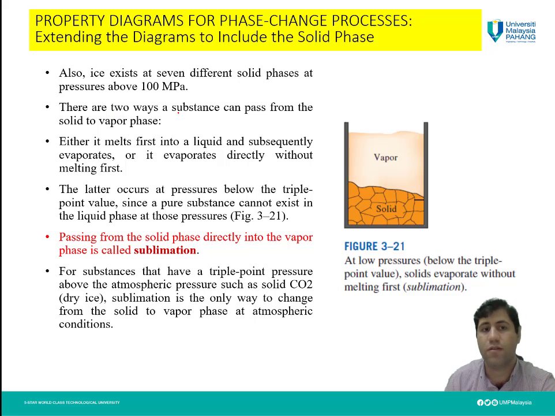There are two ways a substance can pass from the solid to the vapor phase. Up to here we discussed phase changing from liquid to vapor and vapor to liquid. Now we are going to see how the phase changes from solid to vapor. There are two ways. Either it melts first into a liquid and subsequently evaporates, or it evaporates directly without melting first.